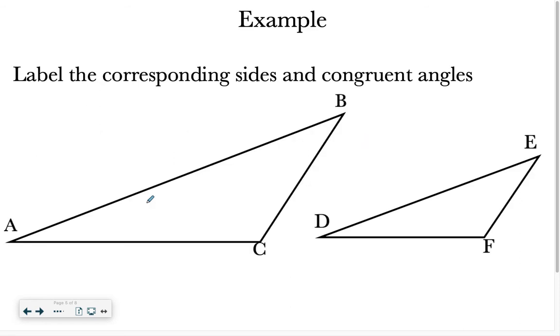Okay? So if we were to label the corresponding sides and congruent angles, corresponding sides would be AB is, you can use this symbol, that means similar to DE, and BC is similar to EF, and then CA is similar to DF.